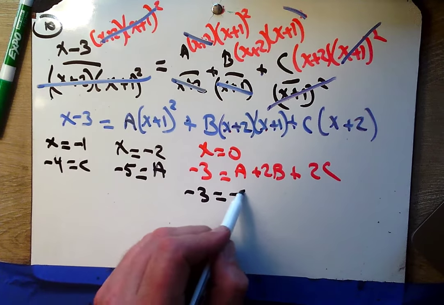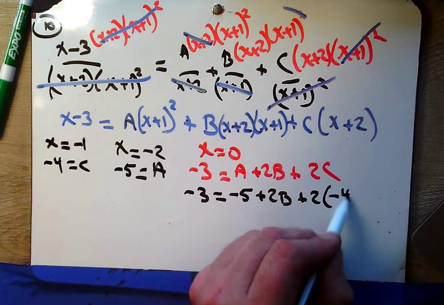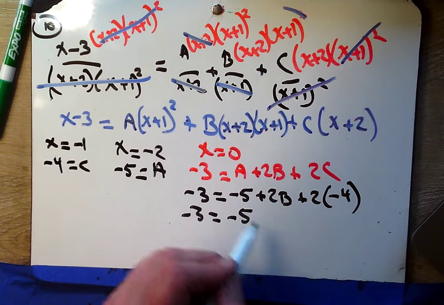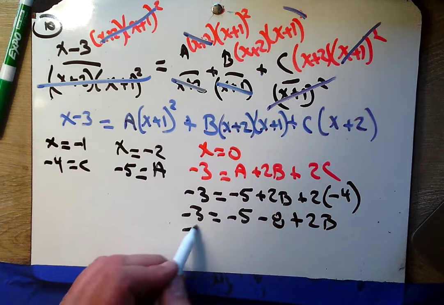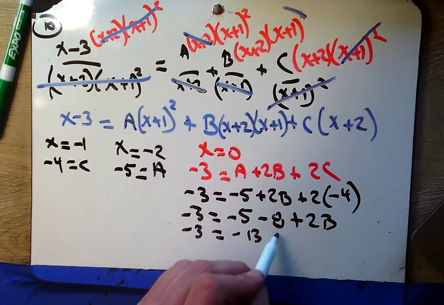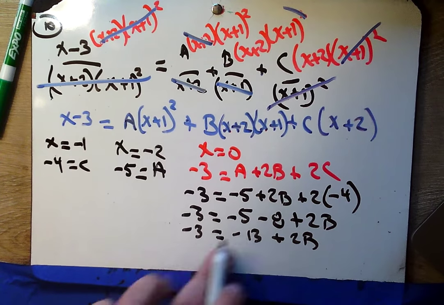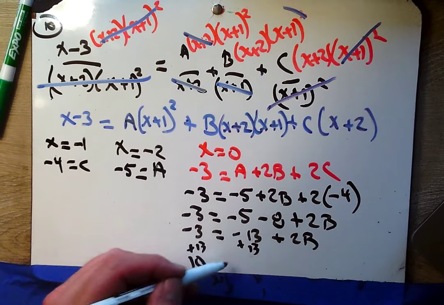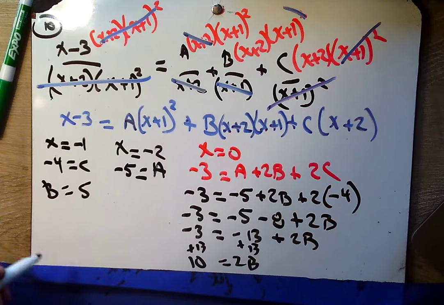Negative 3 equals negative 5 plus 2B plus 2 times negative 4, or negative 3 equals negative 5 minus 8 plus 2B. It's going to be negative 3 equals negative 13 plus 2B. And when we add 13 to both sides, we're going to get 10 equals 2B, and so B equals 5.